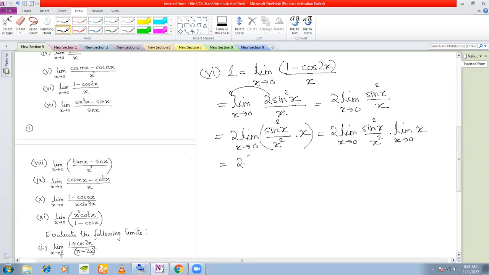Now because you have a power of 2 here, you insert the limit within the power. Twice limit x tends to 0 sine x by x whole square into limit x tends to 0 x, right? So this becomes twice. This limit here is 1. So 1 square into limit x tends to 0 x. You can put x is equal to 0. So your answer here is 0.